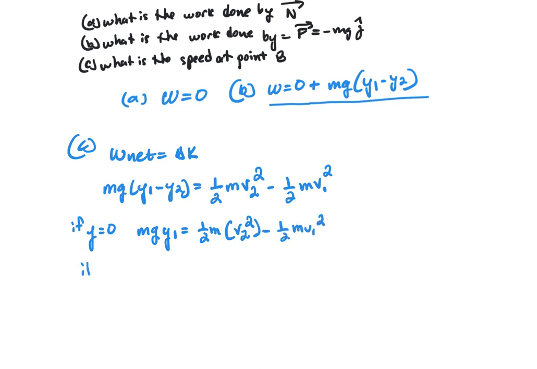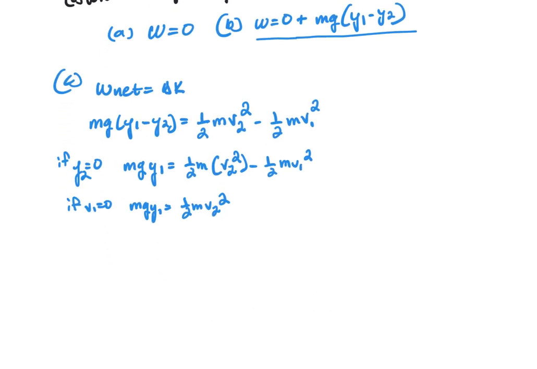Now, if our initial velocity is 0, then mg y1 equals 1/2 mv squared. So when we rearrange all of this, we get v squared equals 2 g y1.